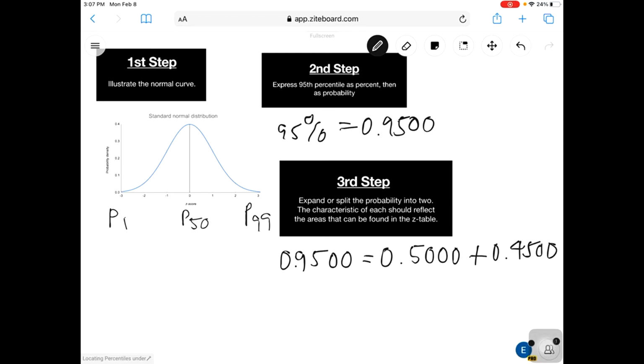Again, we have to do this so that we can locate the z-score or z-value that corresponds to our 95th percentile, which is found above the mean. If you look at the illustration from the first step, the 95th percentile is above the mean, somewhere here. Question mark, we do not know yet.